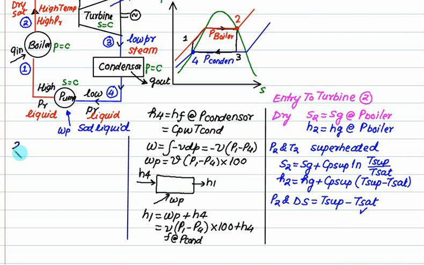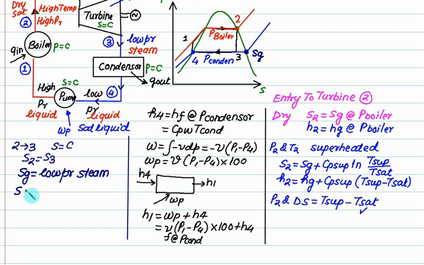For 2 to 3, isentropic means S2 equals S3. Whereas S2, you have already found Sg at low pressure steam. And if this value of Sg, as it indicates this point, is more than the value of S2, then point number 3 will be on the left hand side, that is in the wet region.